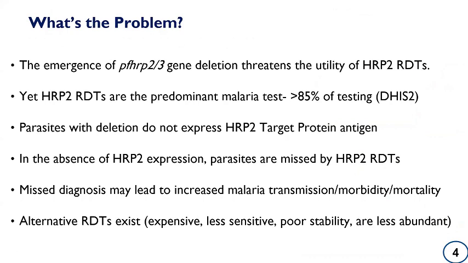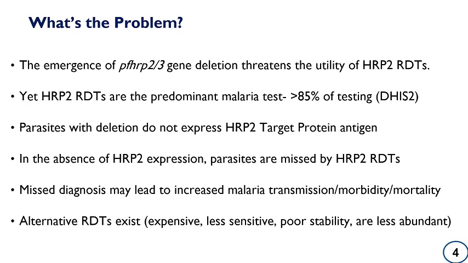Now, parasites with deletions do not express the HRP2 target protein, which these RDTs target. And in the absence of this protein, we are going to miss parasites, and so patients are going to go back untreated. Misdiagnosis may lead to increased malaria transmission and morbidity, but also these cases may progress to severe malaria and death.